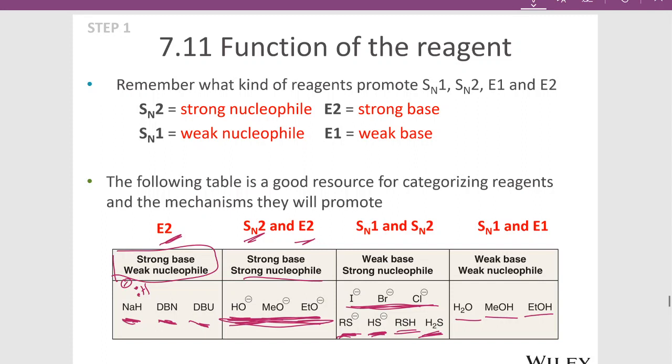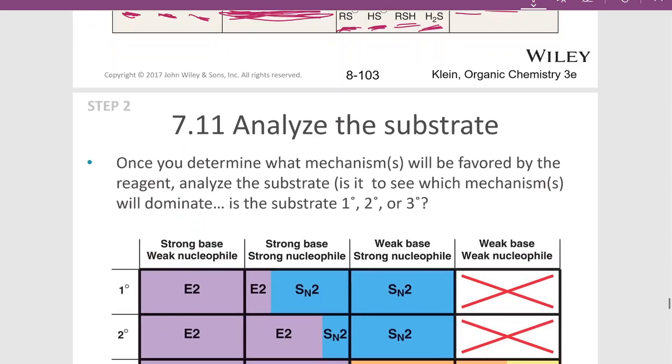If we have a weak base and a strong nucleophile, we're going to get SN1 and SN2 reactions possible. Okay. And if we have a weak base and a weak nucleophile, we get SN1 and E1. Okay. So those are all the possibilities that we could have. And so if we consider that, then it'll help us to determine what kind of outcome we'll have.